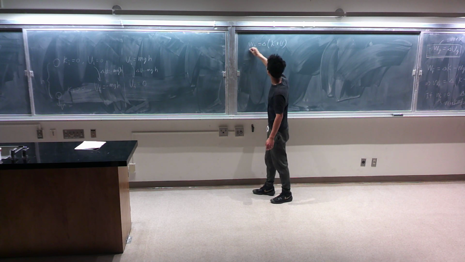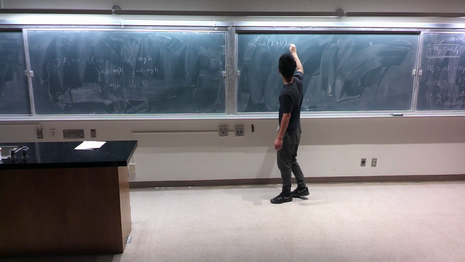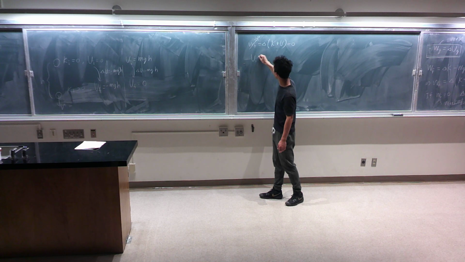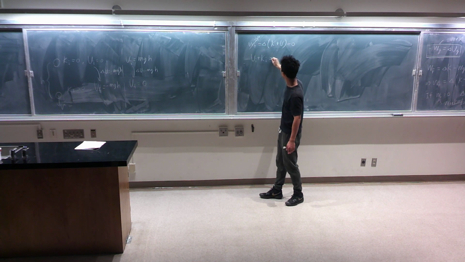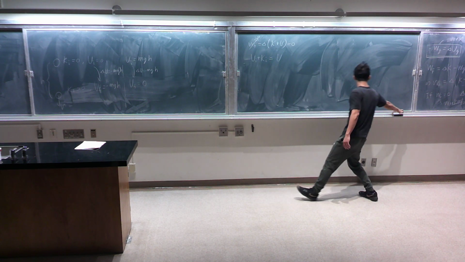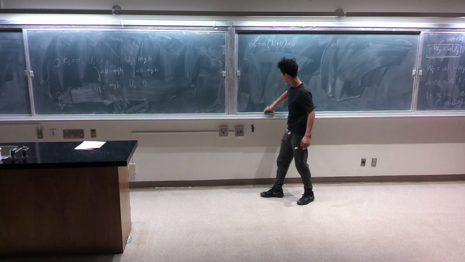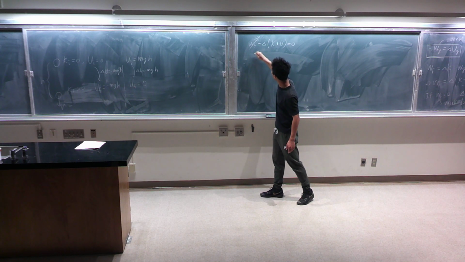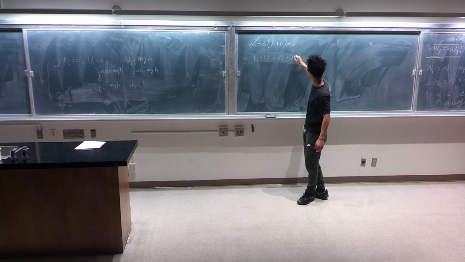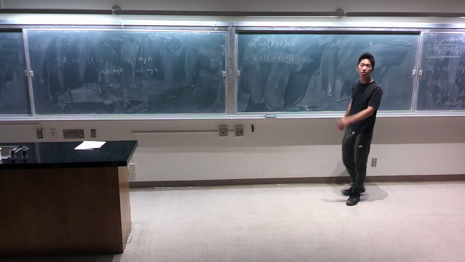So if this is 0, then your energy is conserved, which means the initial kinetic energy plus initial potential energy equals the final kinetic energy plus the final potential energy. That's energy conservation.